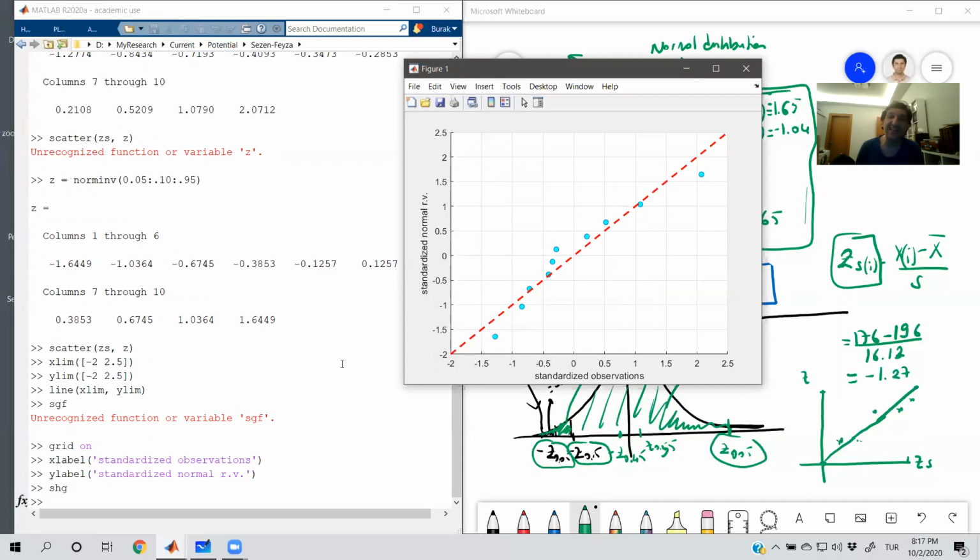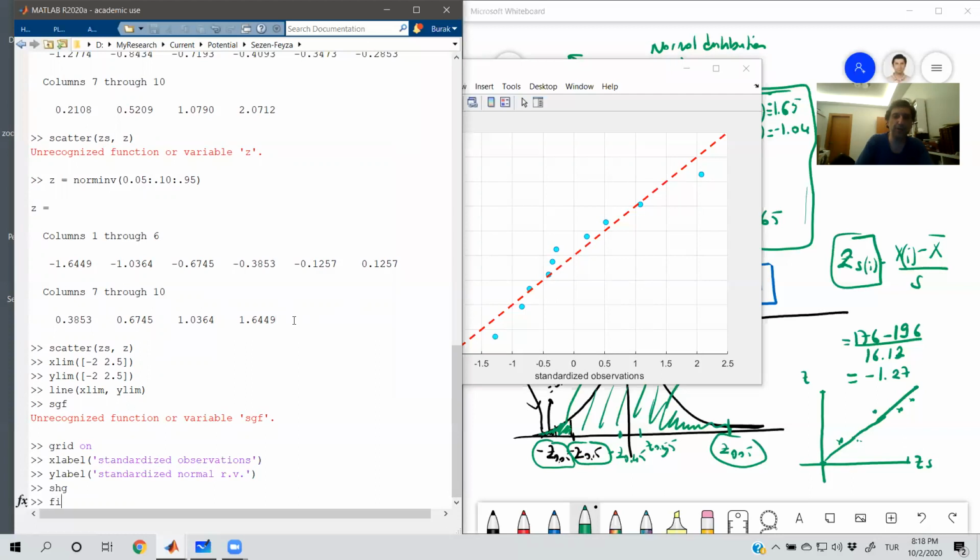Therefore, we can say that this sample seems to be normal distributed for a sample size of 10 observations, and hence we can say that the population seems to be normal distributed. At least we can say that the population does not seem to be too much non-normal. We say that, related to the idea of not accepting the null hypothesis, that we are going to talk about in the next hypothesis testing chapter.